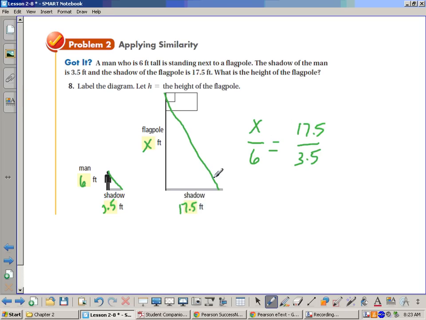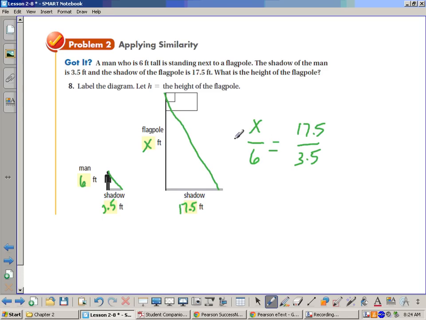So x and 17.5 both correspond to the flagpole and the shadow of the flagpole. And the other proportion belongs to the man's height and shadow. So you have to be careful when you set up these proportions.